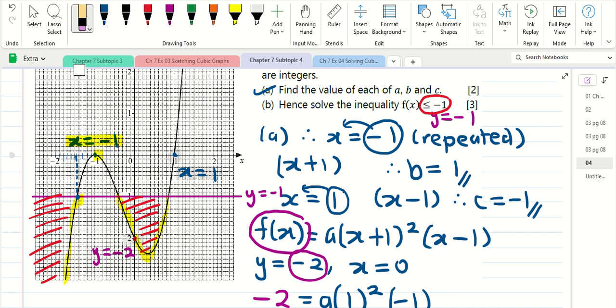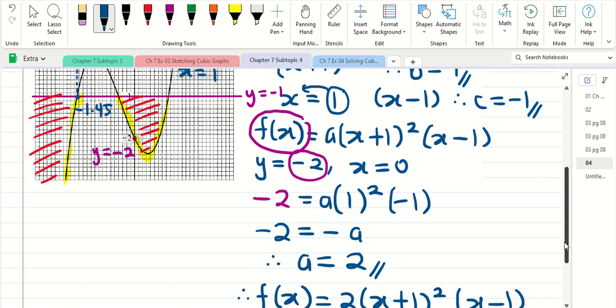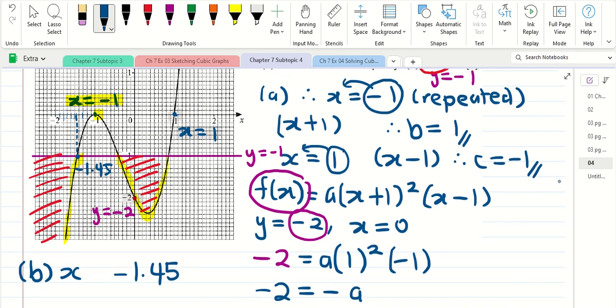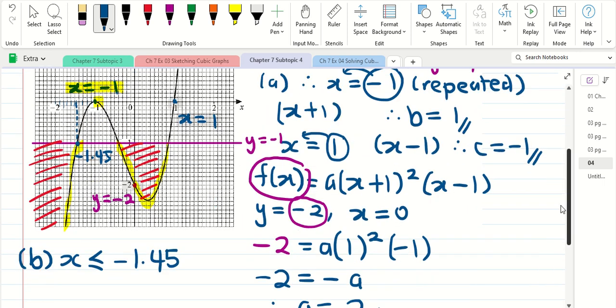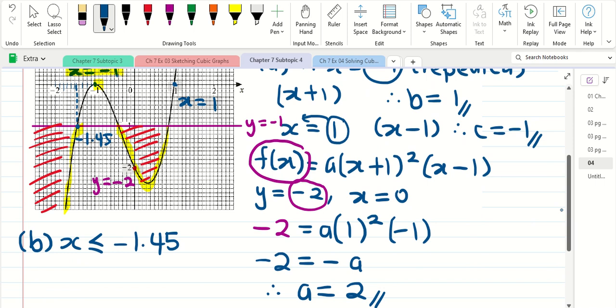So between negative 1.4 and negative 1.5, it's going to be negative 1.45. So the first solution for part B is going to be negative 1.45. But here the inequality is less than or equal to. Since your inequality has equal to, the final answer should include the equals.